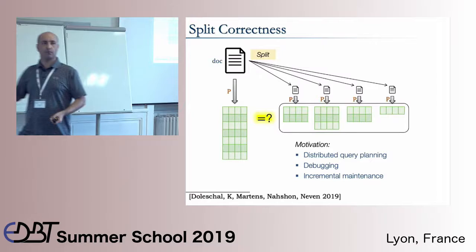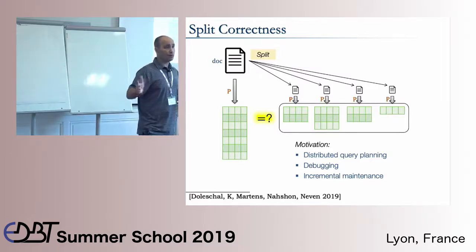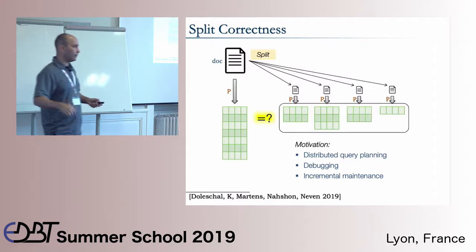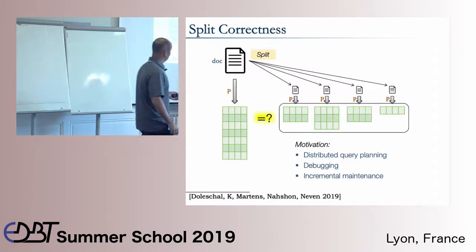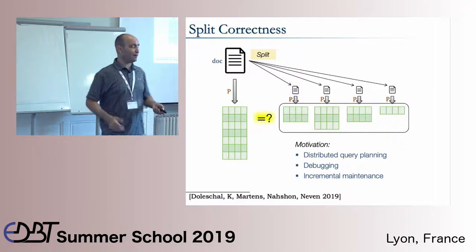But if you know that your spanner is splittable by sentences or by paragraphs, then you need to do very little to keep your output up to date. A major part of the computation is already almost up to date, and you just need to compute the delta and evaluate the final result.